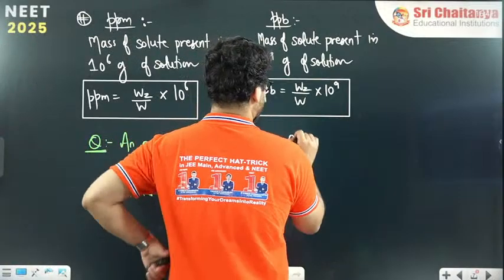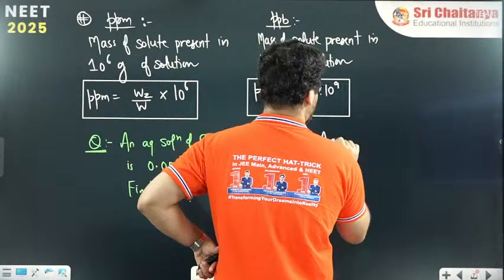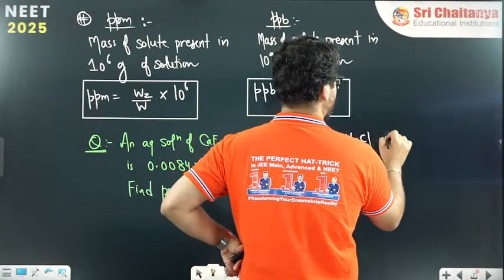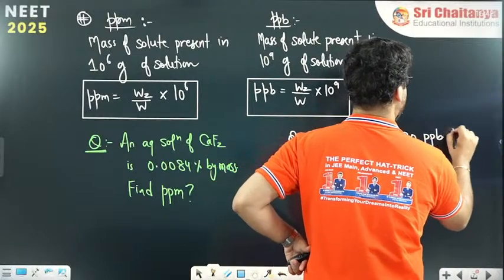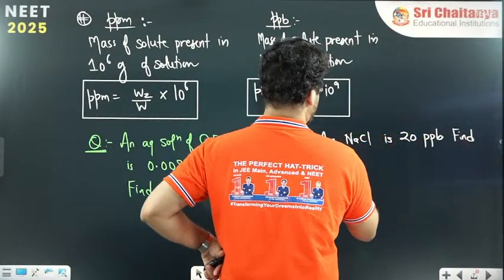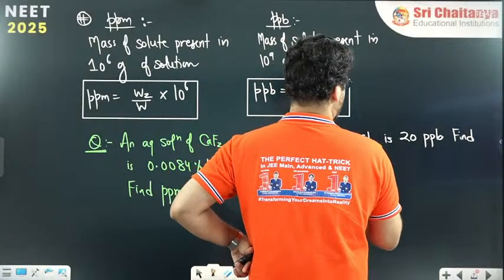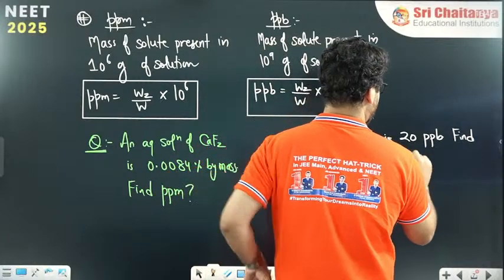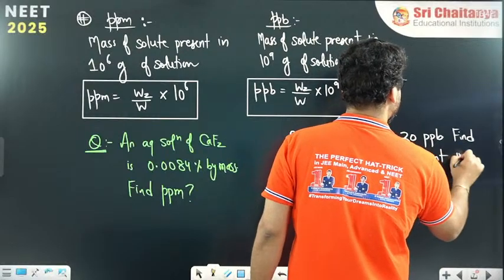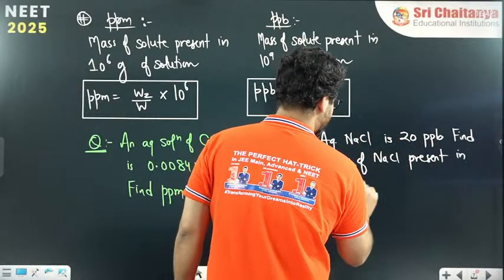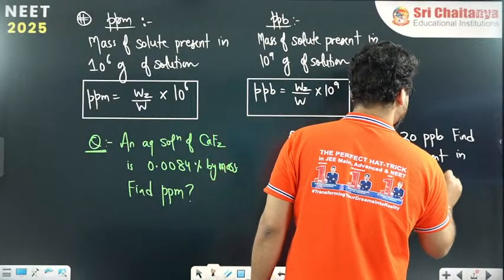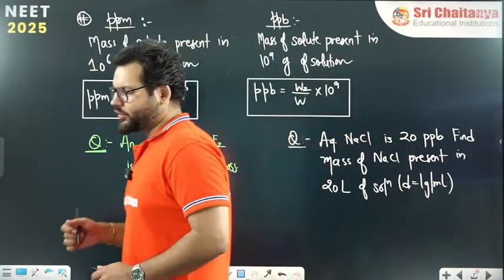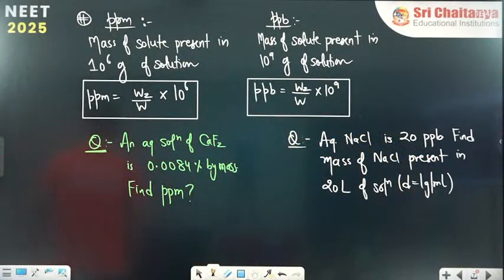Another one: aqueous NaCl is 20 ppb. Find the mass of NaCl present in 20 liter of solution having density equal to 1 gram per ml. You can solve these two, tell me the answer, and then I will tell you what the answer is.